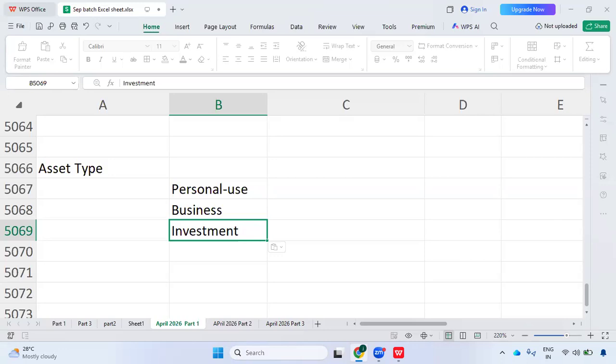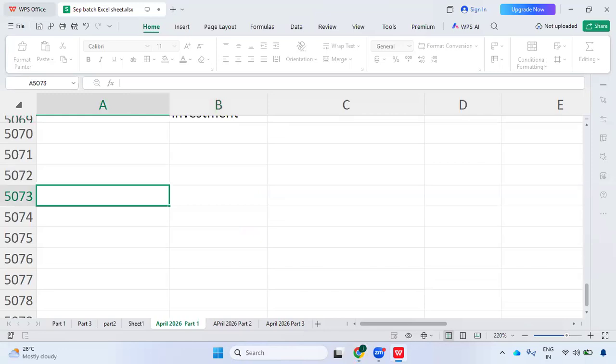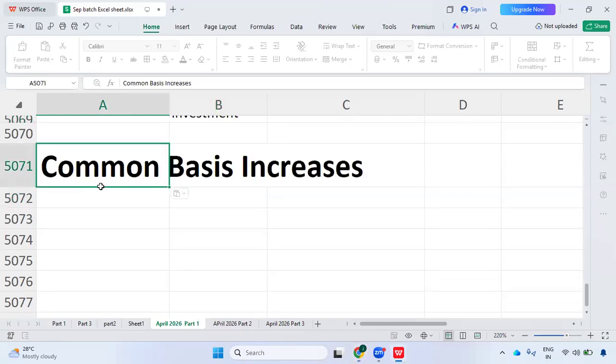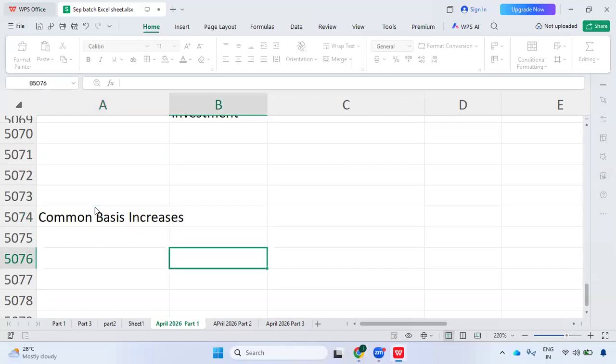Can you tell me the common basis increases, the areas where the basis will increase based on the above? Any legal fees incurred? Legal fees. Okay. Major improvements.